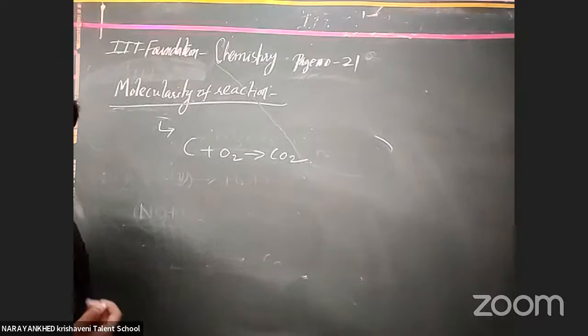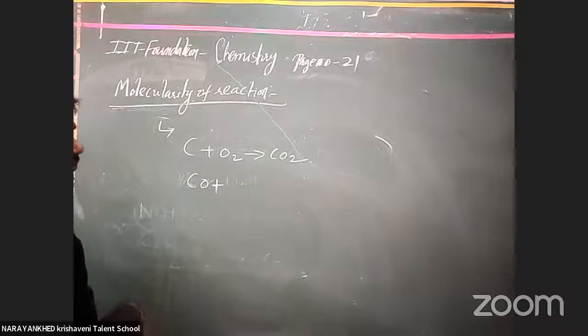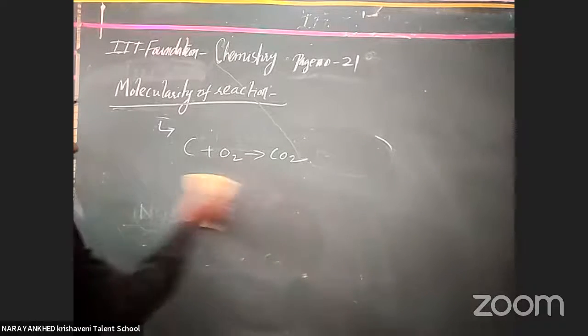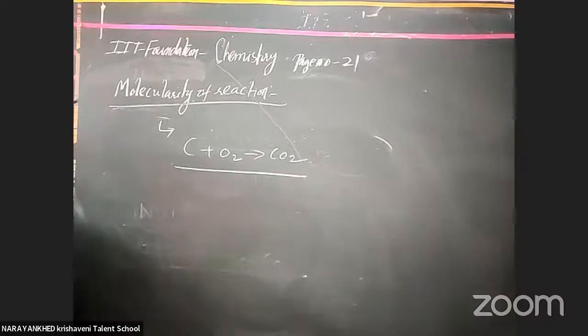Now, how much is the molecularity of this? 2. Okay, clear or not? And the same, suppose I take carbon monoxide... sorry. Practically, CO2 is possible to form like this. Okay, understood, all the students.